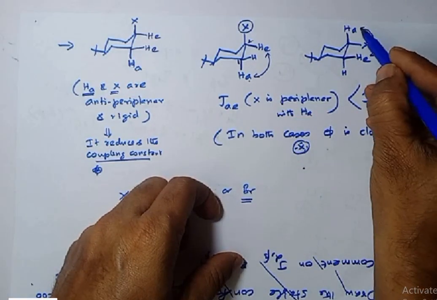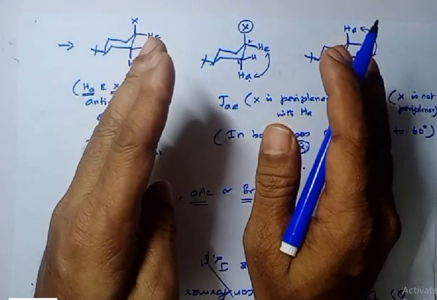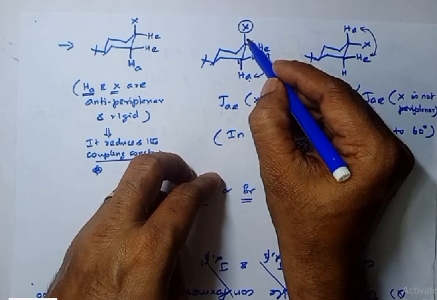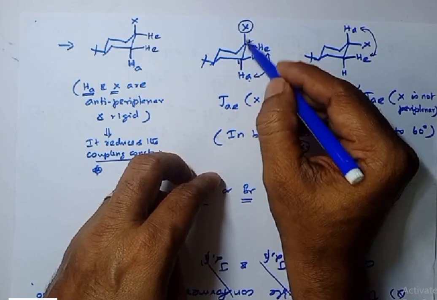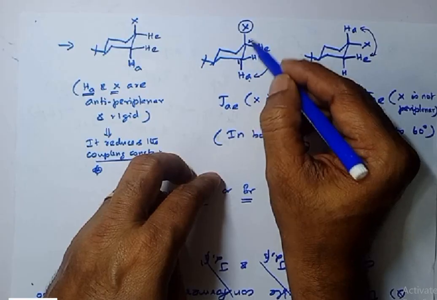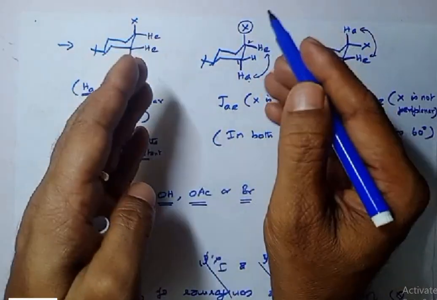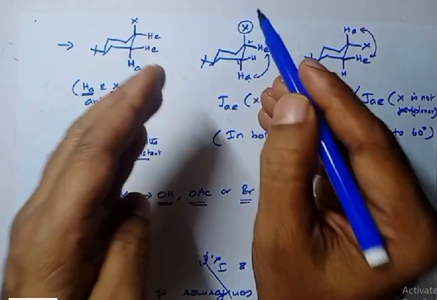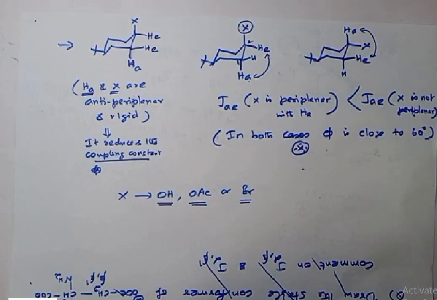We expect these two to be equal, but the presence of this X group in the axial position, and this X and the axial hydrogen of the adjacent carbon being anti-periplanar, means this electronegative group reduces the coupling constant.